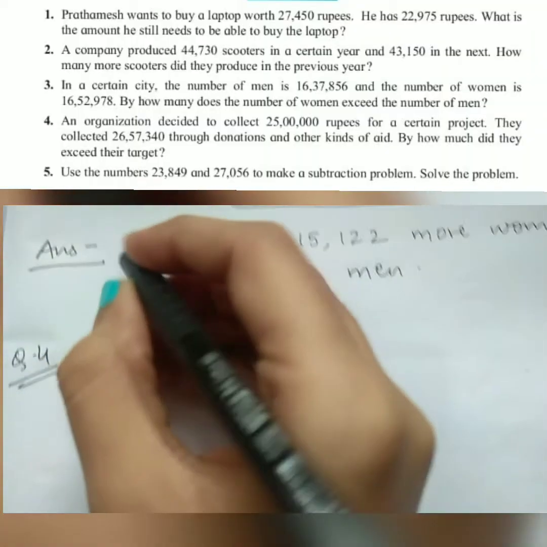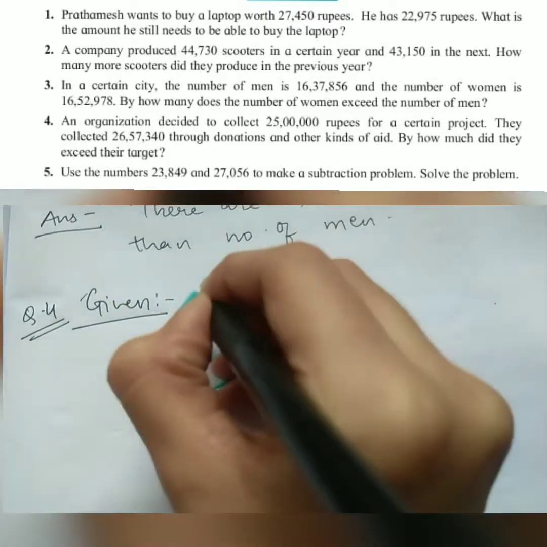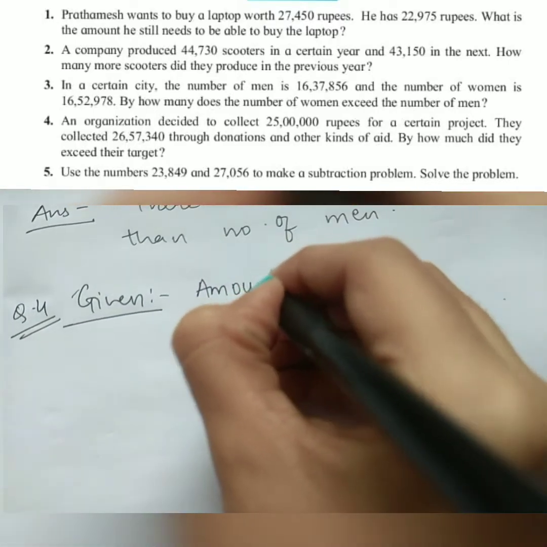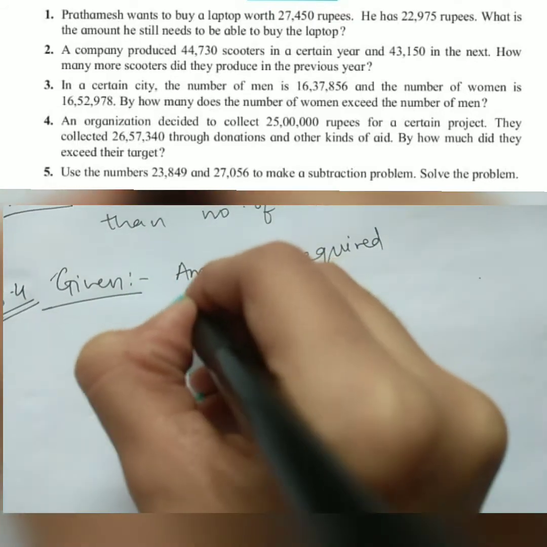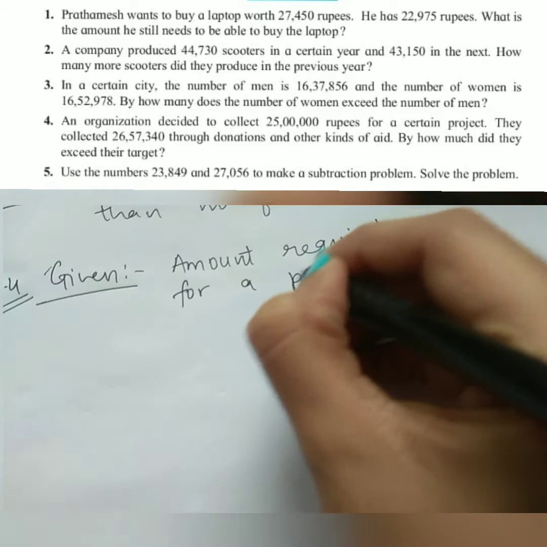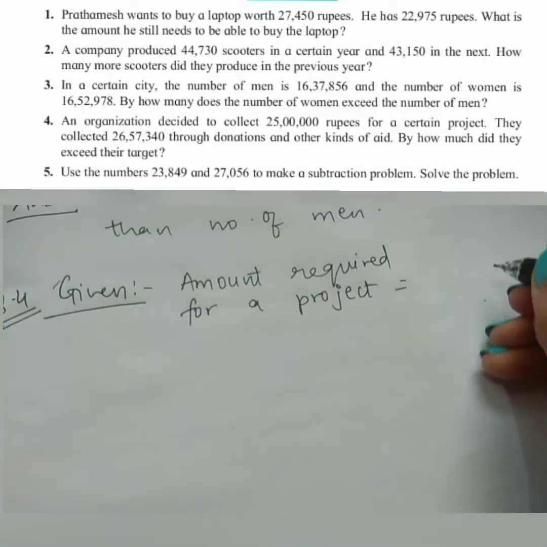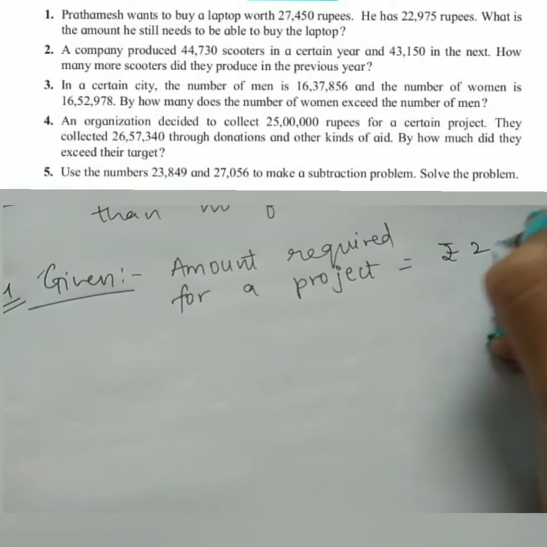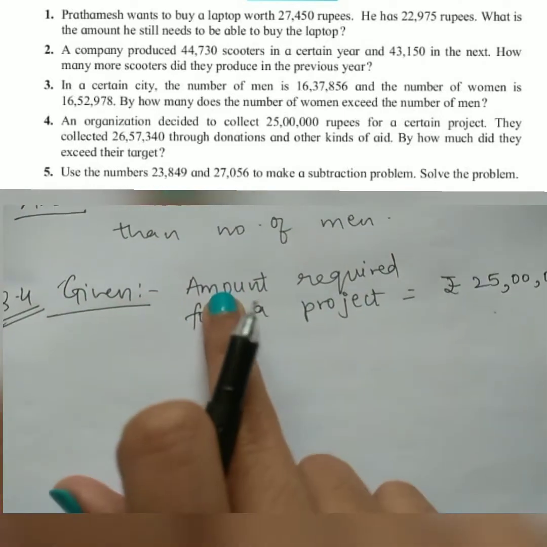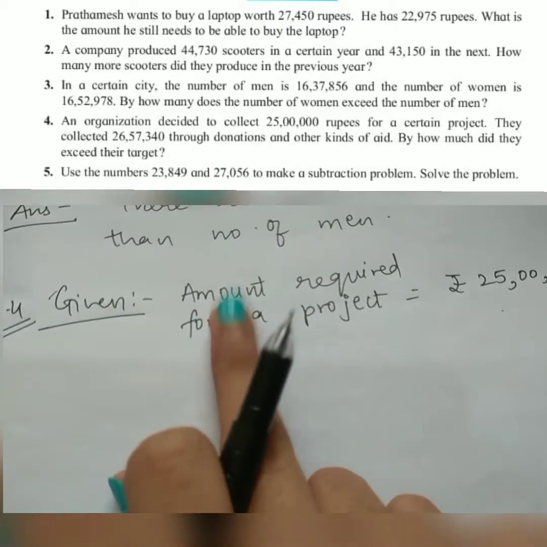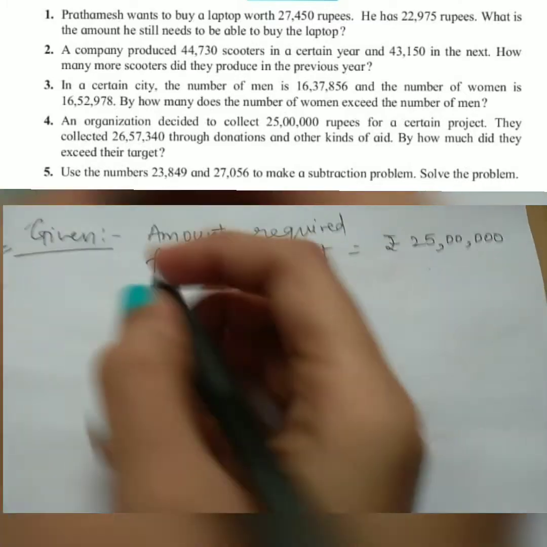Yes, so in given, what we will write here? Amount required for a project. How much amount they required? They required 25 lakhs. Moment we are writing here amount or cost, we have to mention your unit as rupees.